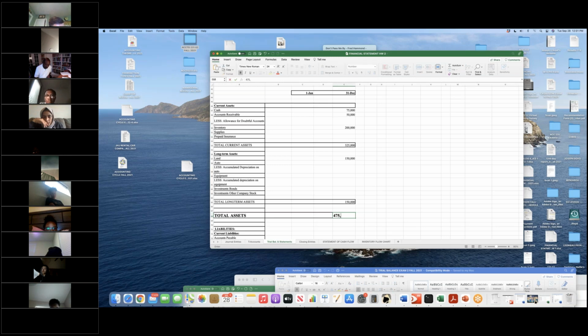Does everybody see that? So you just add all the numbers up? Yep. So we got cash, and we subtotal between current assets and long-term assets. I just want you to get used to doing that. But essentially, you're adding up all the assets to get total assets. That's all you're doing.